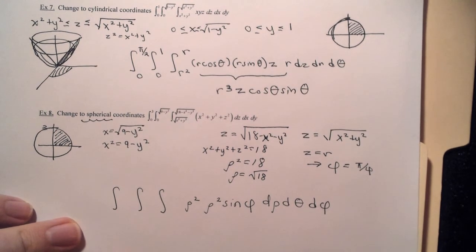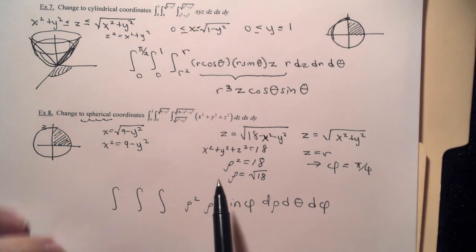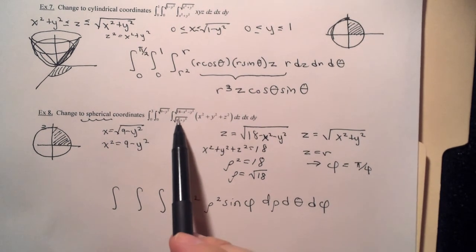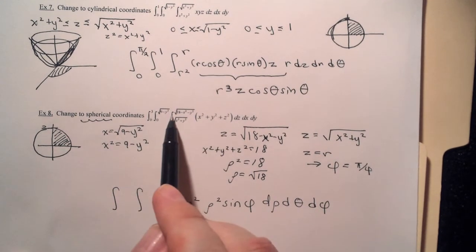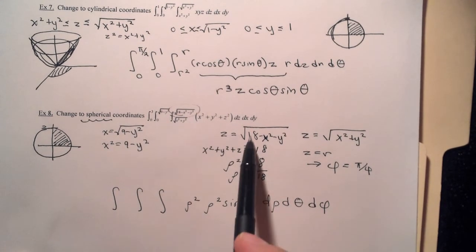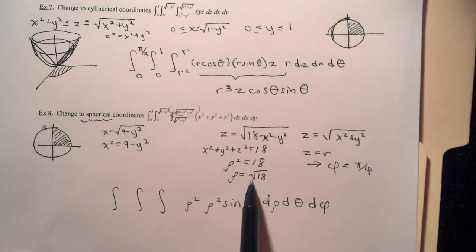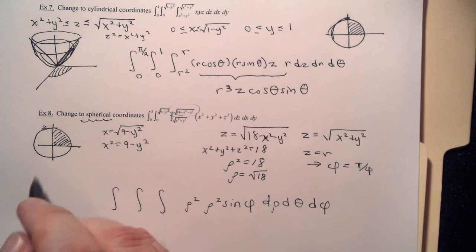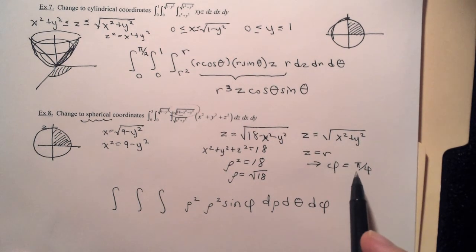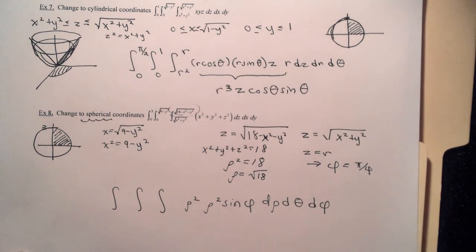My rho bounds, well, what's going to be happening here is I'm going between two surfaces. What am I going between? I'm going between a sphere, is what we discovered this was. This is a sphere of radius square root of 18, and this was a cone forming a particular angle with the positive z-axis.